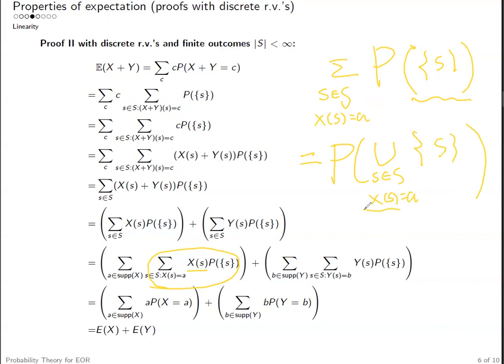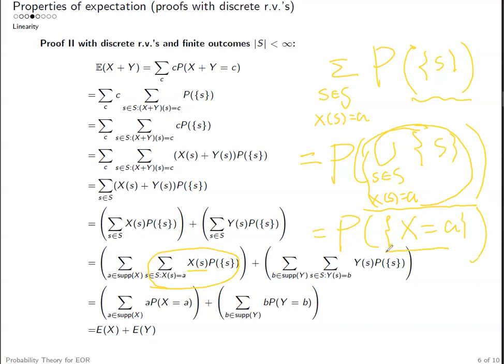And if we look at those, the union of those events is essentially the event of x equal to a, because those are the outcomes that x would map to number a.